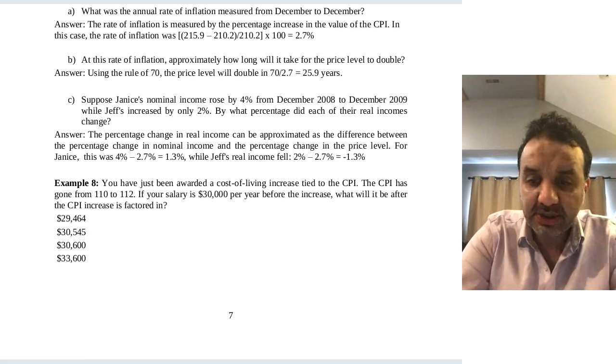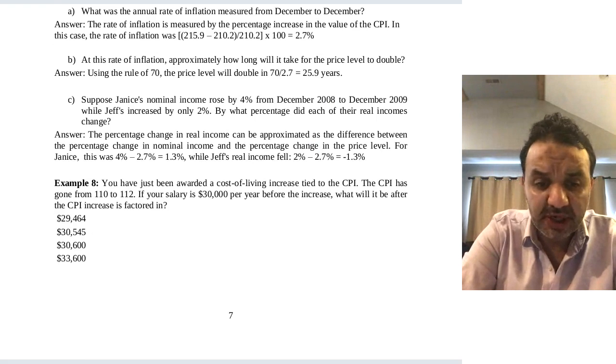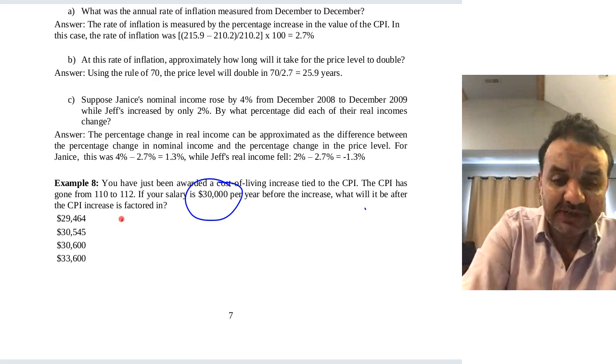Let's see the last question we have. If the CPI increased from 110 to 112 and your salary is 30,000, what will it be after the CPI increase? Let's find the inflation first.